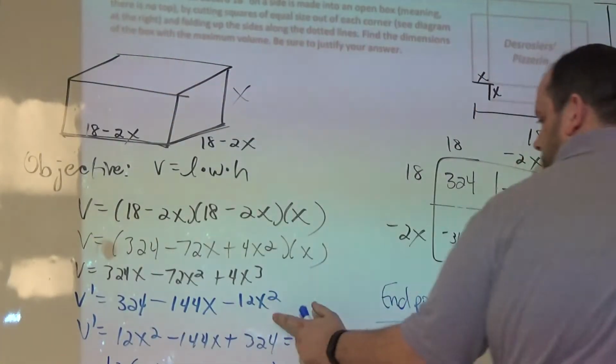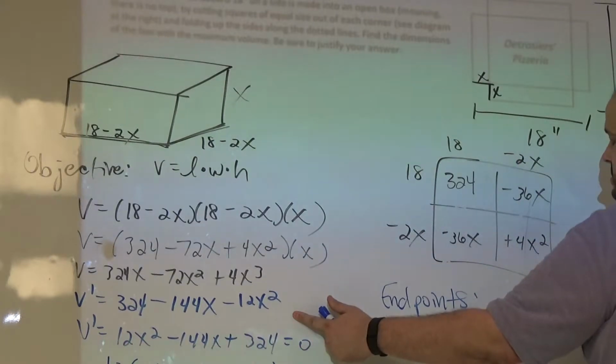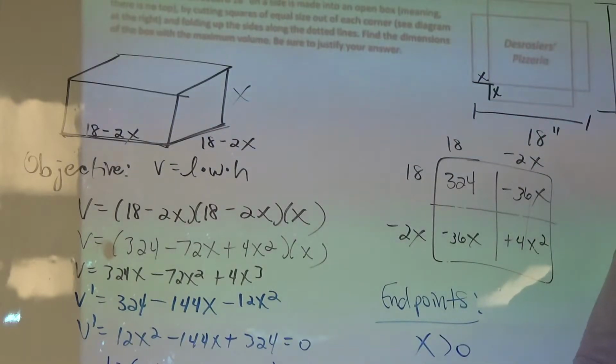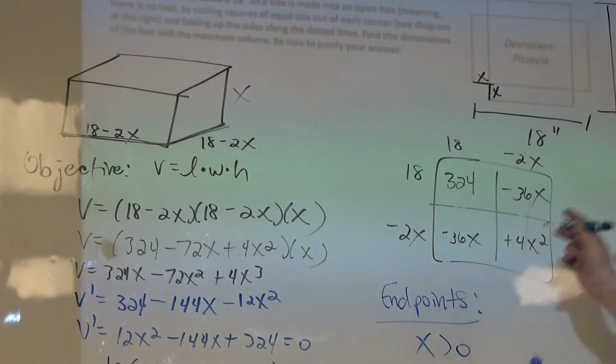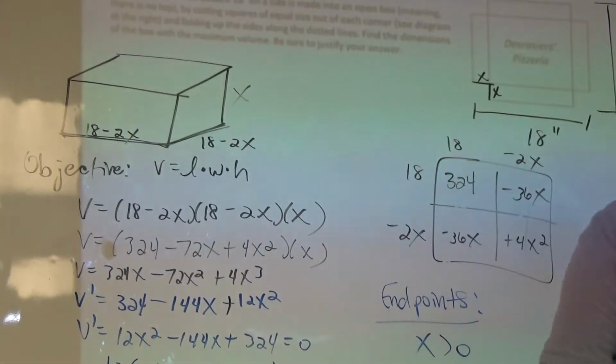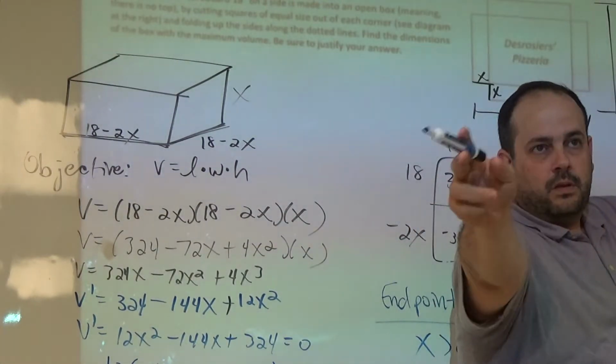The reason we're even looking at 3 is that that's where the first derivative is equal to 0. So the second derivative, what is that, negative 144 minus 24x? Why did you put that minus 12? Oh wait, there's a plus here, I'm sorry. Plus 24x.